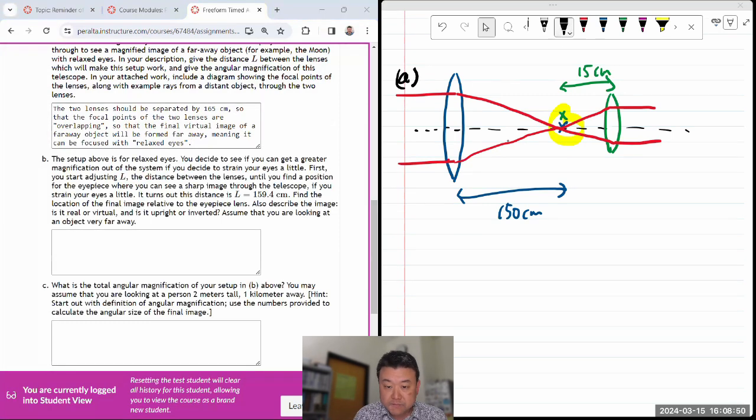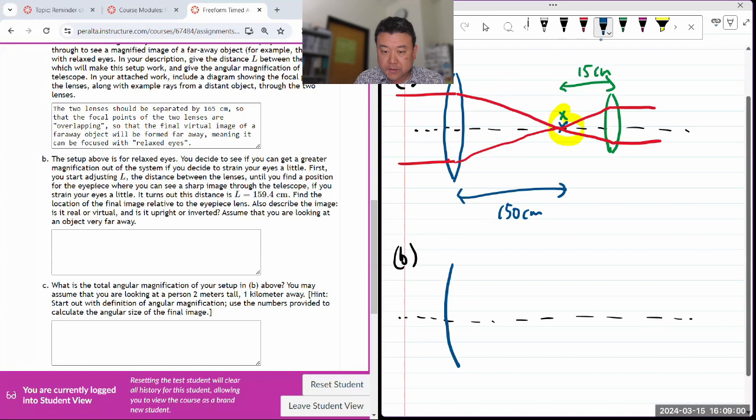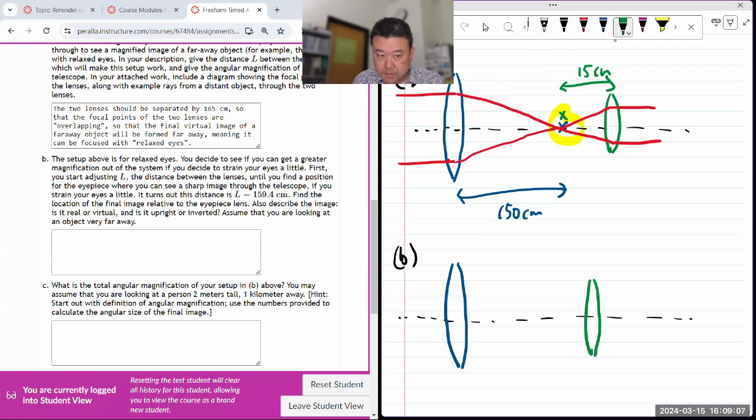So for part B, we have the same two lens setup, but now instead of figuring out what their distance should be, you've been told that the distance between them is L equal to 159.4 centimeters. So it's shorter. Before it was a total of 165. Okay.